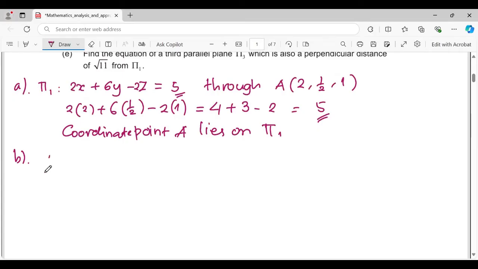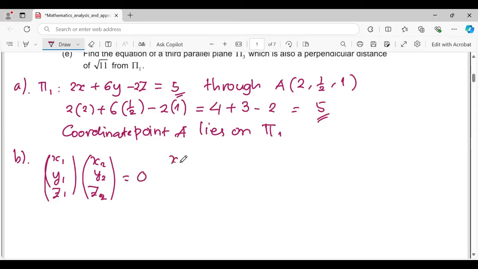So it means (x1, y1, z1) times (x2, y2, z2) equals 0.